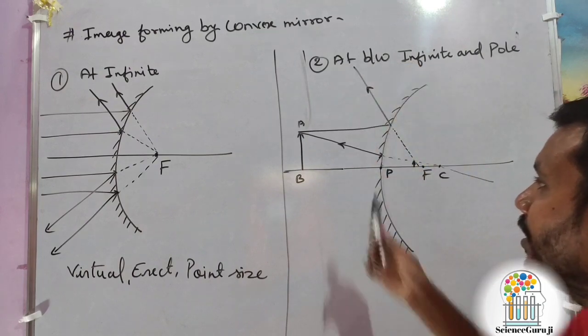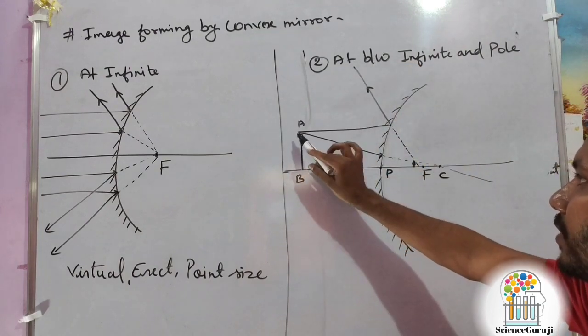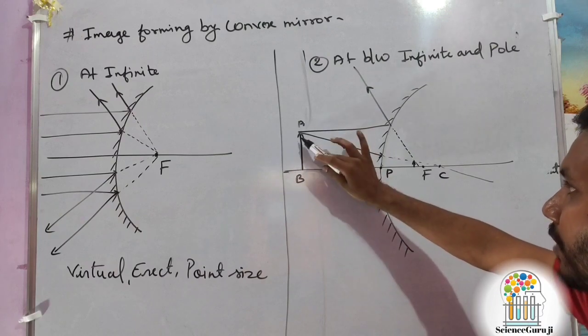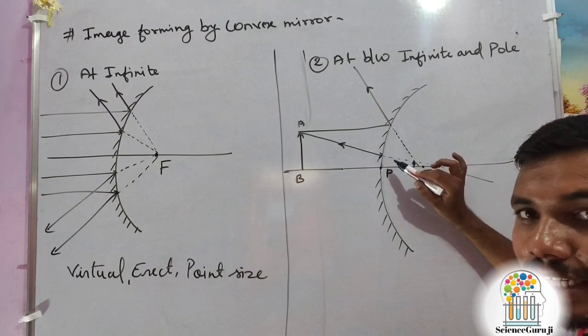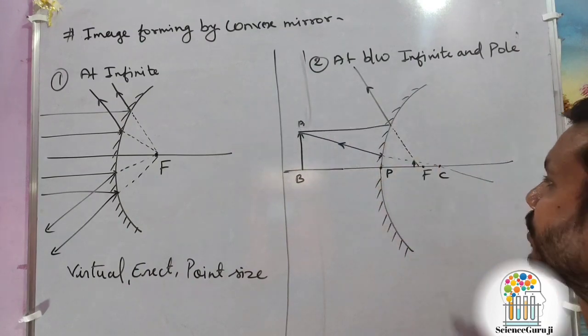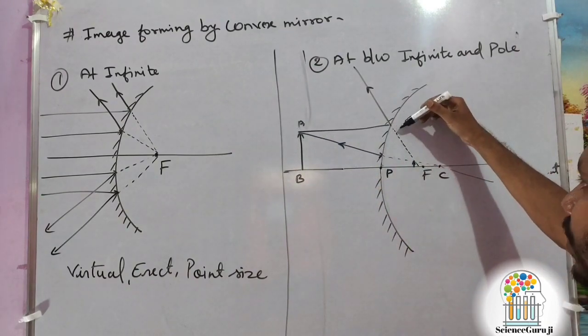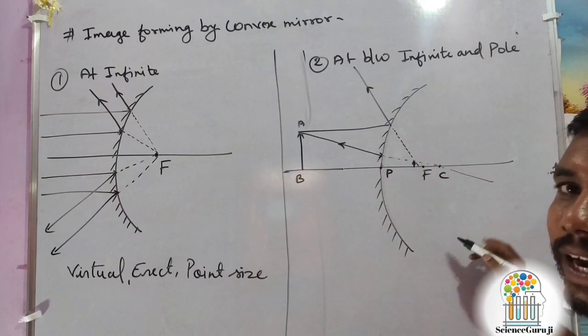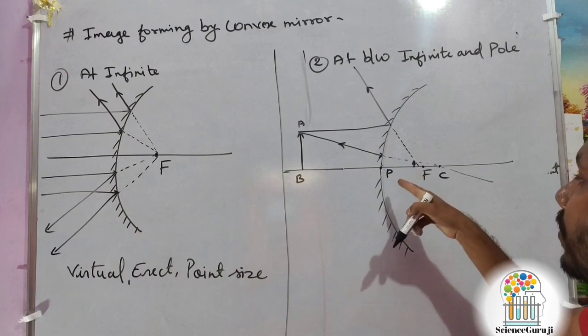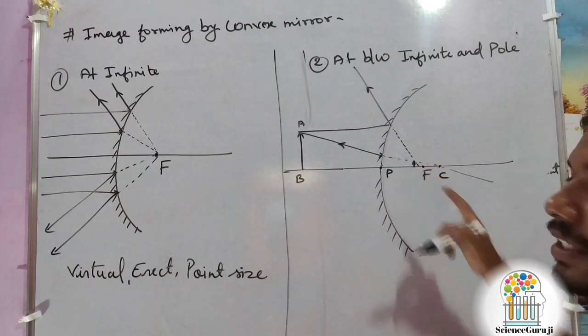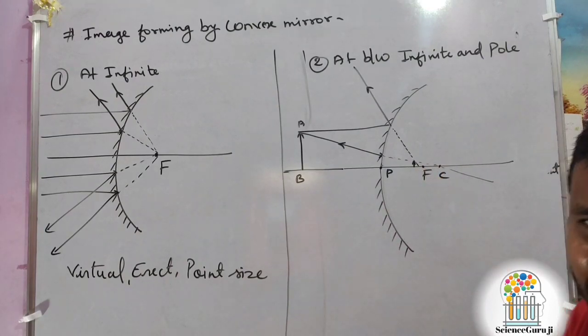One more light beam comes from the object, and after striking the surface it goes back. But here the image gets formed behind the mirror, in between the pole and the focus, and the size of the image is very small.